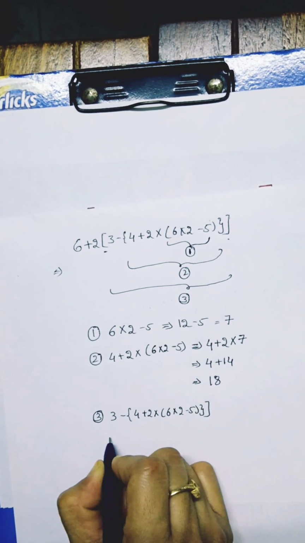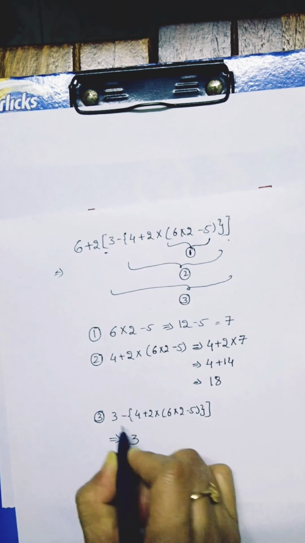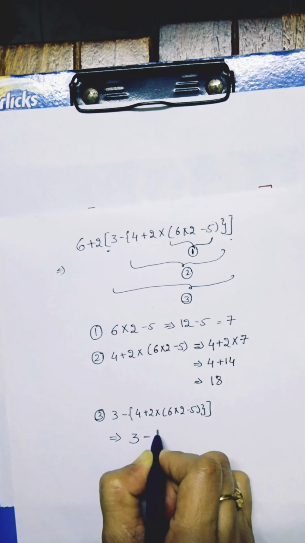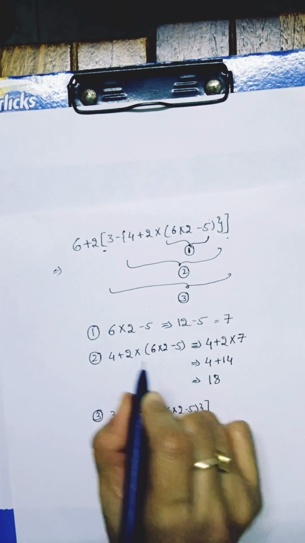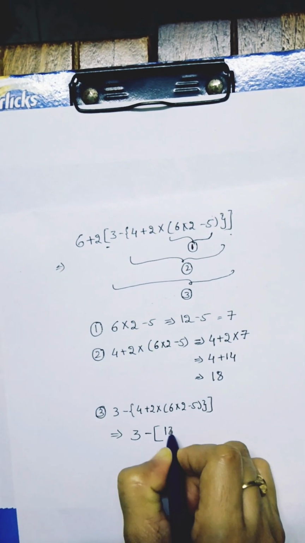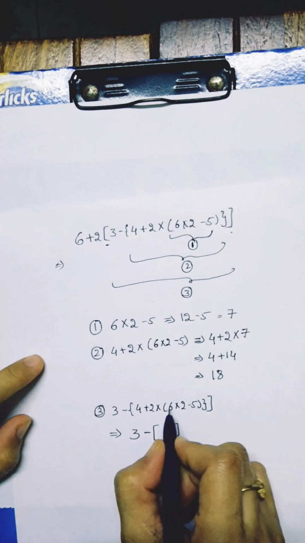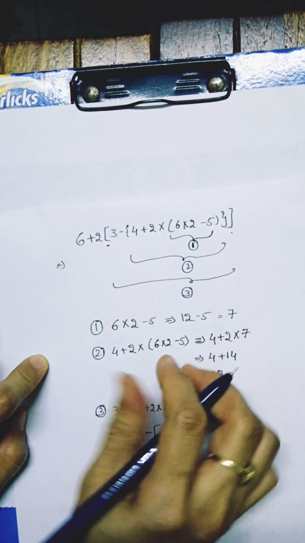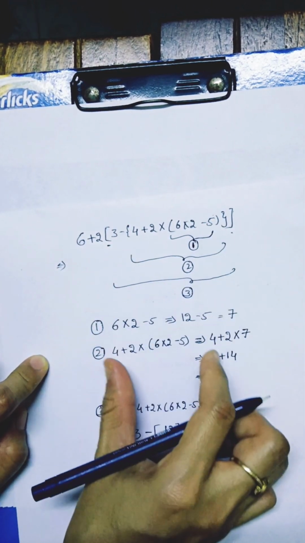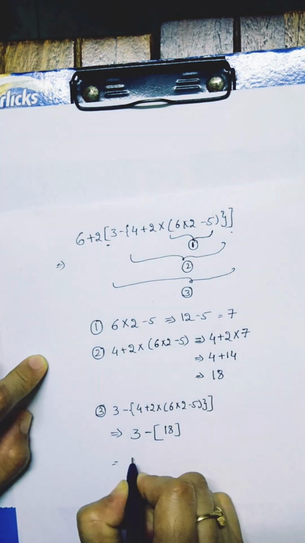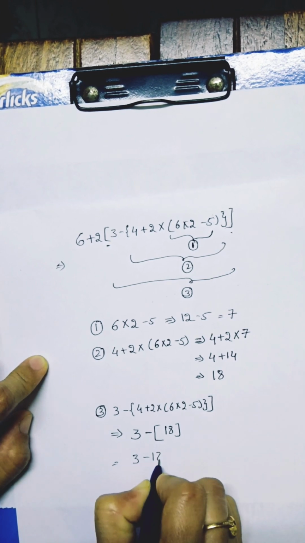So here what I'm doing, I'm writing 3 as it is, then minus sign. Okay. So the answer of this entire part is 18. I'm just entering the answer of this second part, which is 18. 3 minus 18.